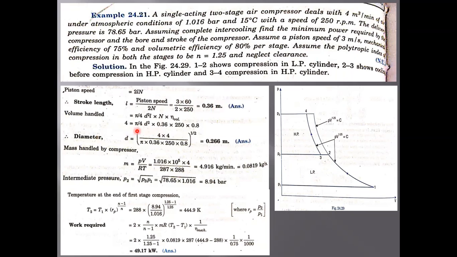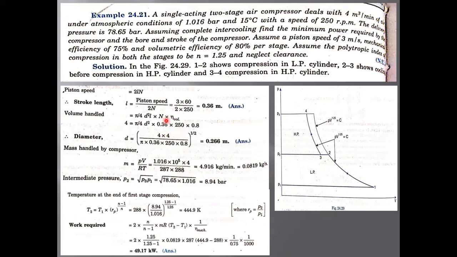And the volume handled will give us the diameter, because we already know every other value here. Since he has given the volumetric efficiency, we need to include it. Volume handled is pi by 4 d square L into N into volumetric efficiency. You come across volumetric efficiency for the compressor, a power absorbing machine, which is why we multiply by volumetric efficiency.